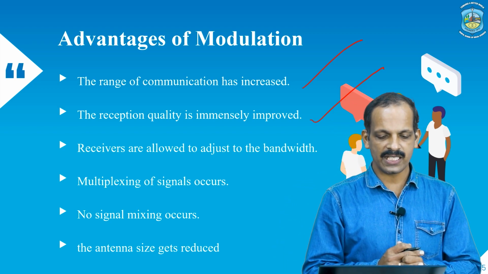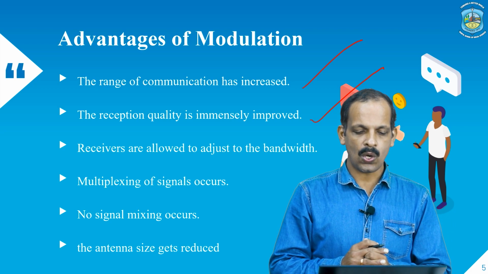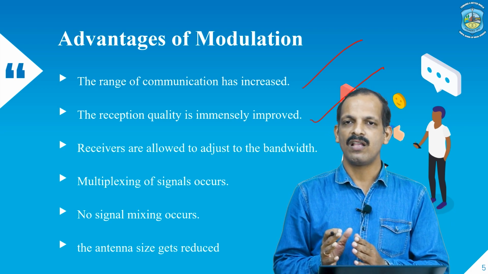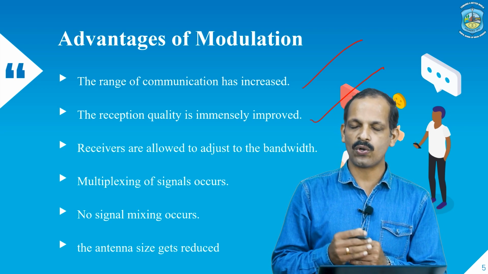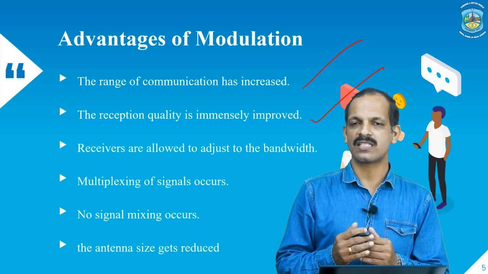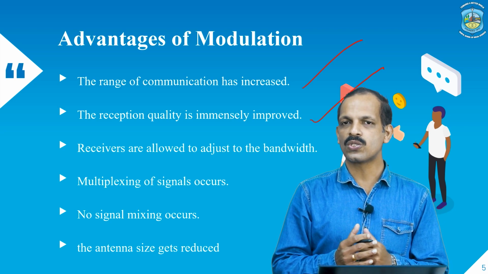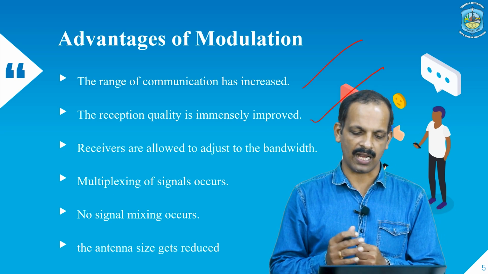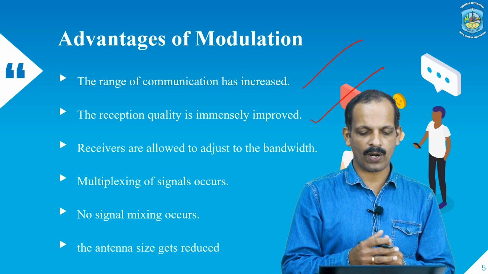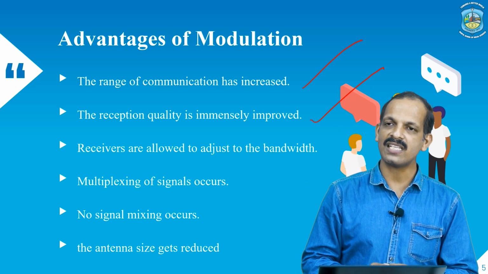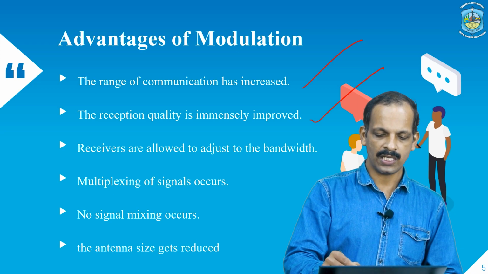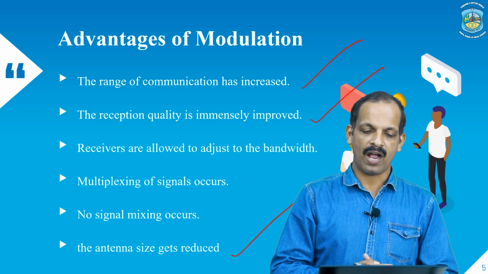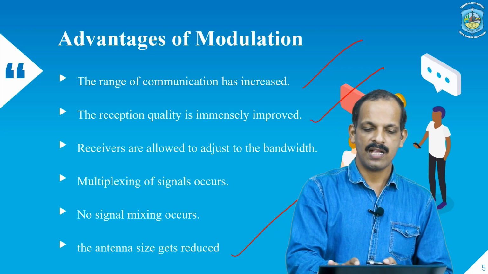Then the next advantage is, no signal mixing occurs. In between the travel, if any collision occurs, this signal is strong, so it will not be affected by any other noise signal. And the main advantage is that the antenna size gets reduced using modulation. So these are the different advantages.